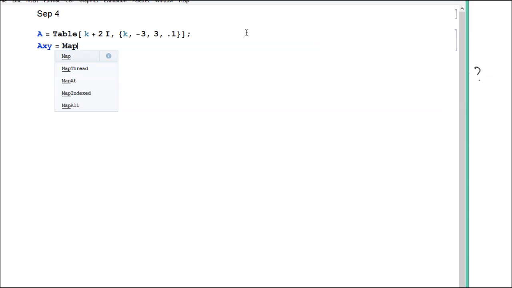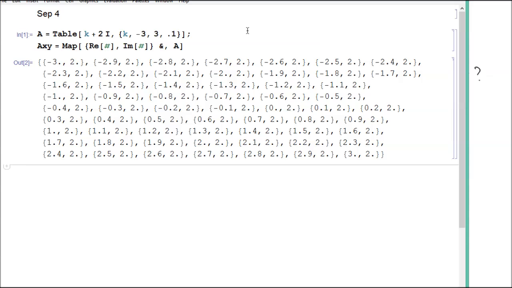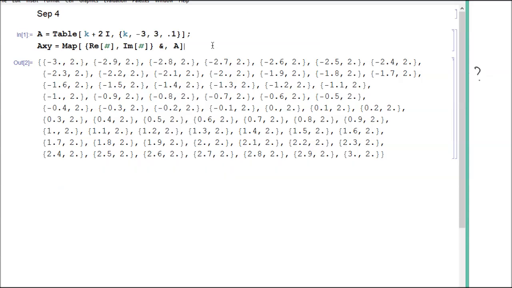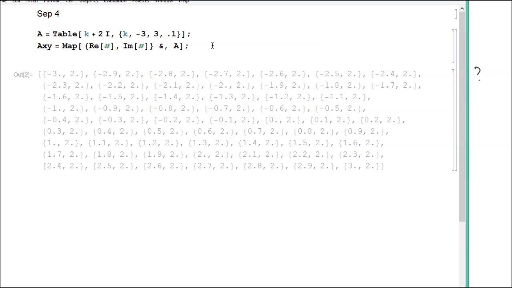So how do you do that, map the real part, right? And imaginary part from A. Then that's going to be a list of points, imaginary part and real part collected like that, correct? So if I call that one fig domain, a list plot of that AXY, that's going to plot it, right?